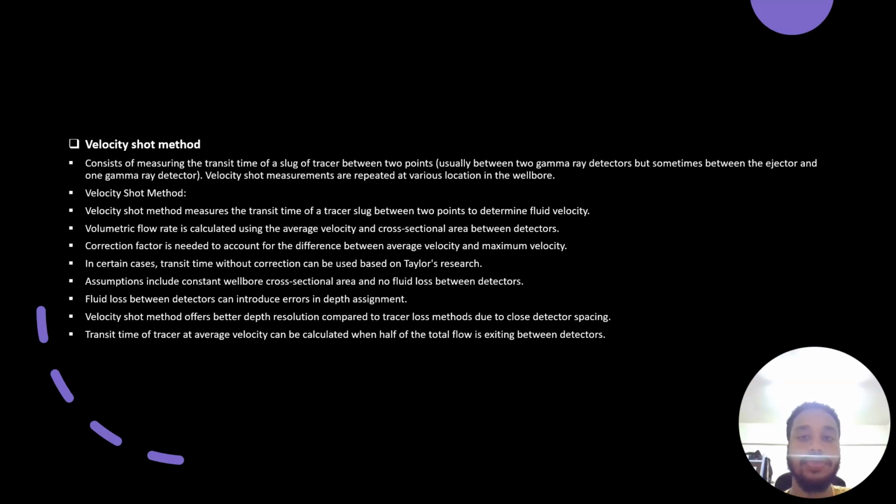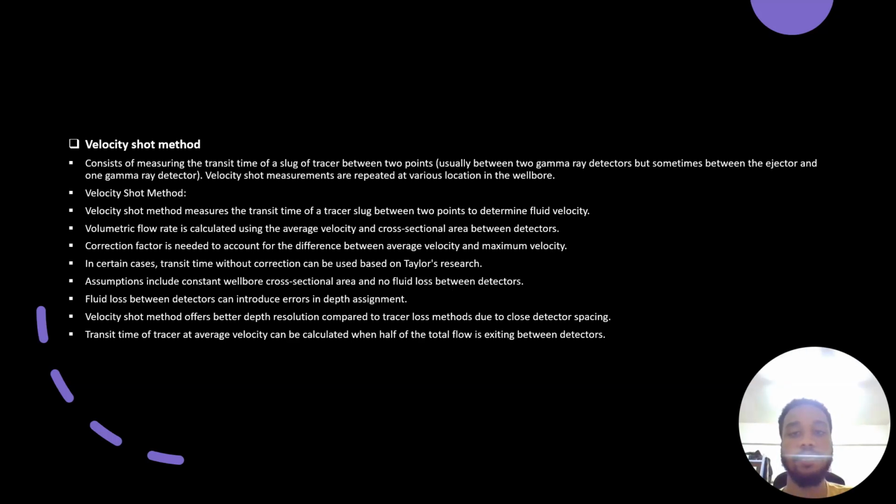Now let's move to the velocity shot method, which is the second commonly used technique in tracer studies. This method provides insight into the fluid velocity and volumetric flow rates within the wellbore. The key aspect of the velocity shot method involves measuring the transit time of a tracer slug between 2 points in the wellbore.